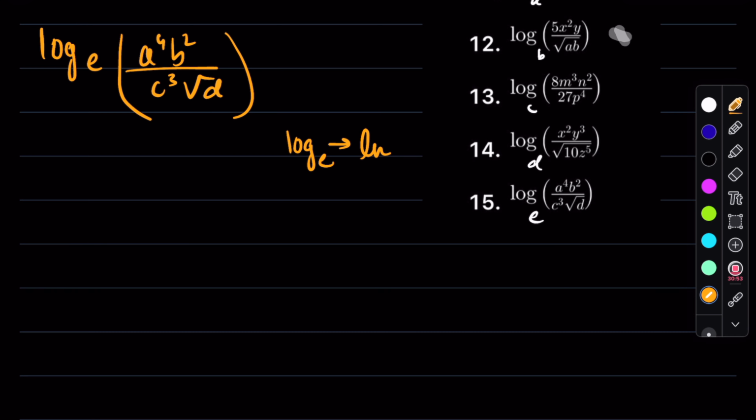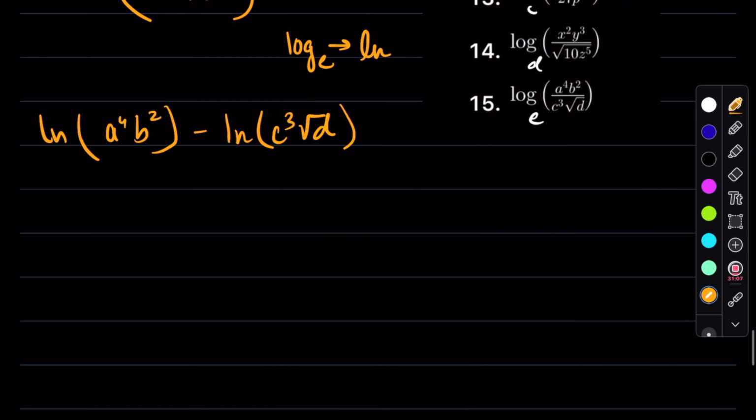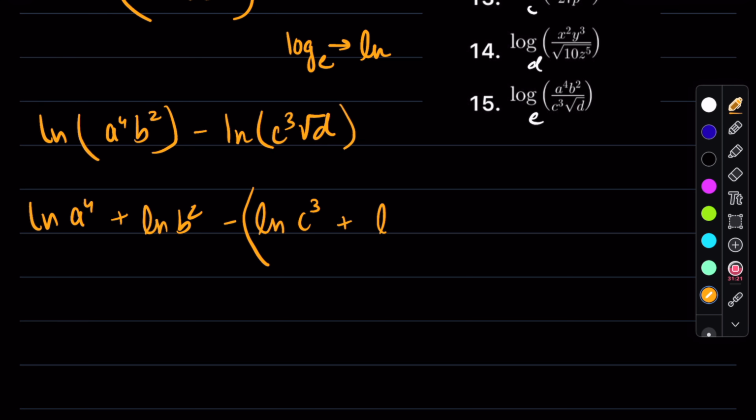So ln of a power 4 and b square negative ln of c power 3 under root d. Okay, yeah. So ln a power 4 plus ln b square negative ln c power 3 plus ln of under root d.